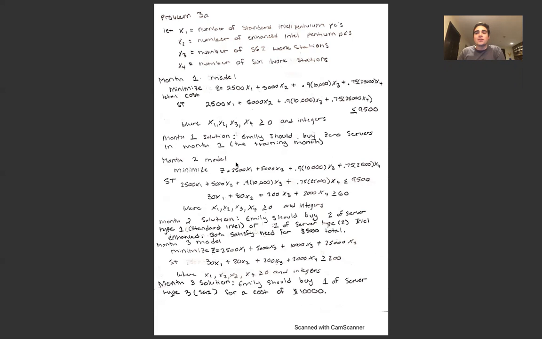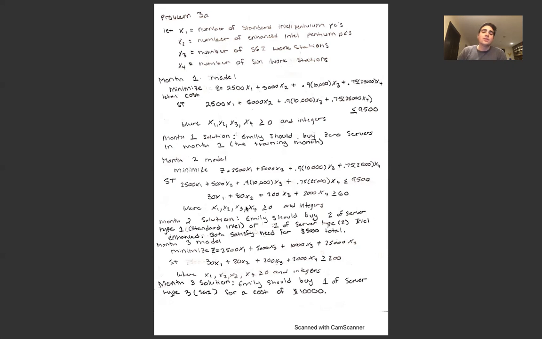Month 2 is when the constraints really start to matter. We have the same exact objective function with those special savings employed, but we also need to spend less than $9,500. This is a little bit of a stretch, but we know we can spend $9,500 or less in the first 2 months. Knowing that you're not going to spend anything in the first month based on this month-by-month approach, I kept the same right-hand side constraint here.